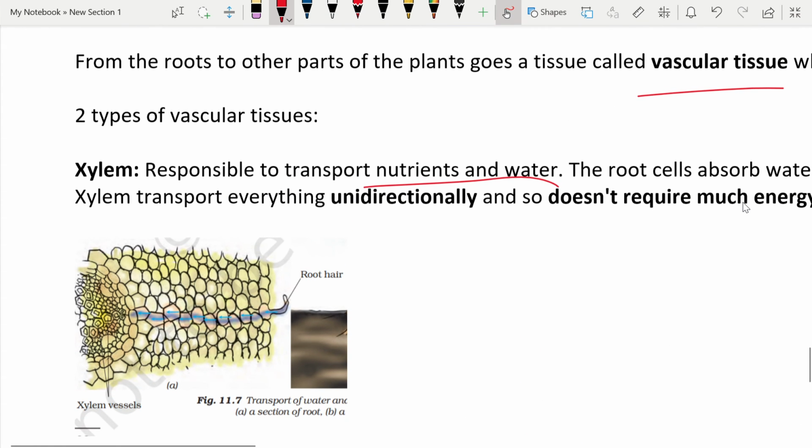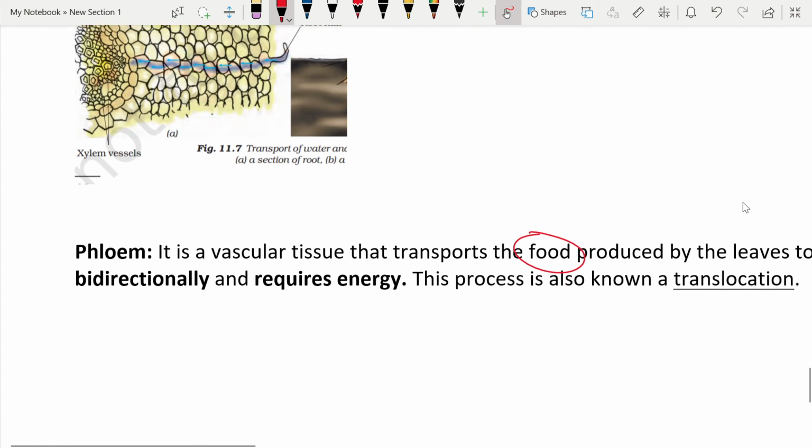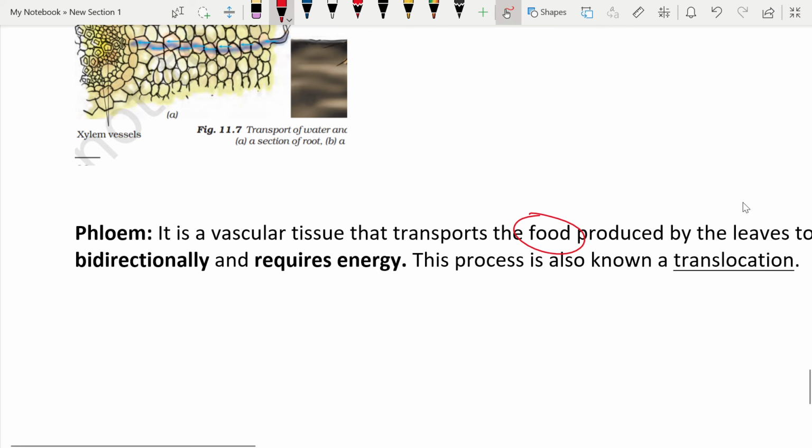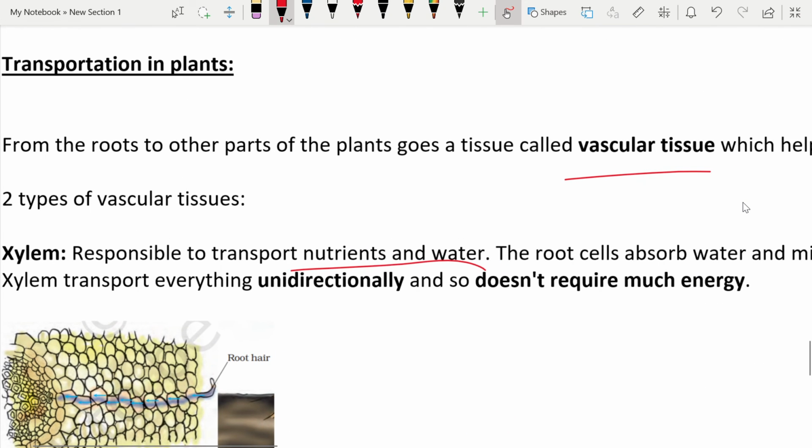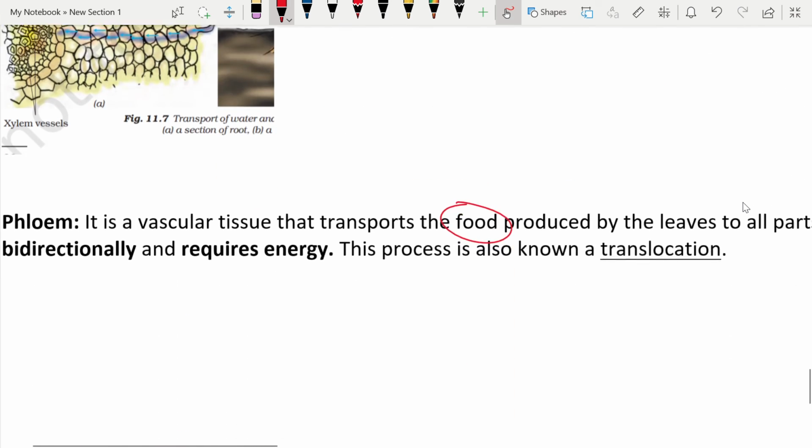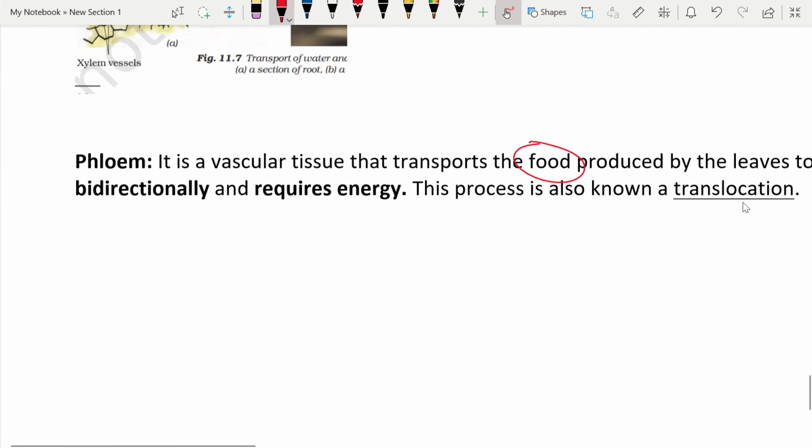The other one was unidirectional, but this is bidirectional. Now this one requires energy, but the other one doesn't require much energy at all, it's very, very little. And this process of phloem doing its job is known as translocation.